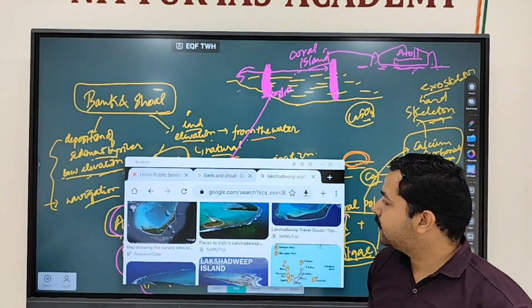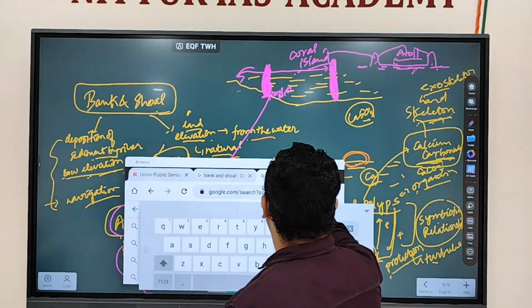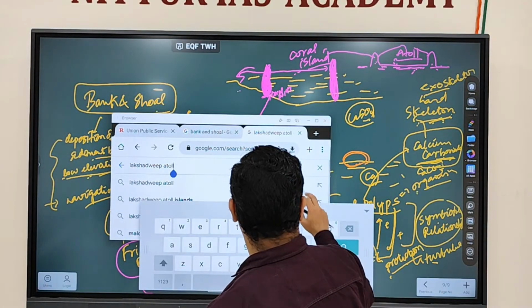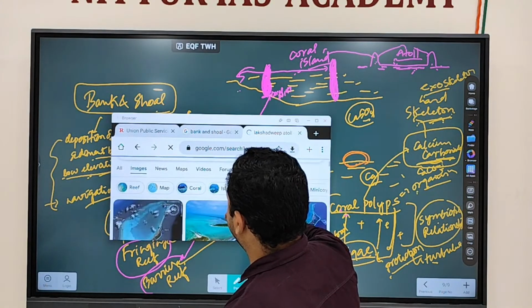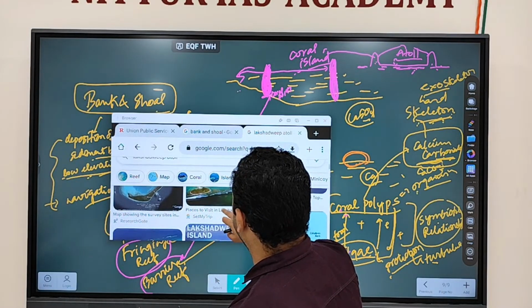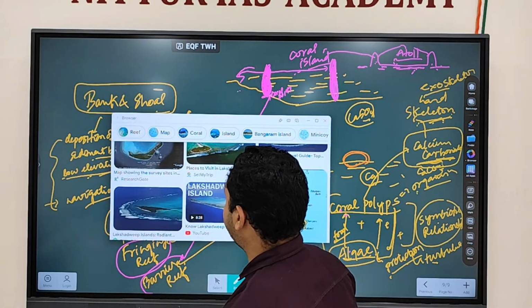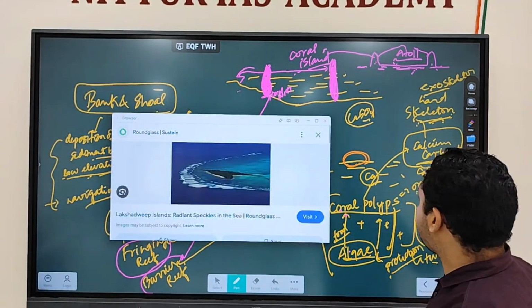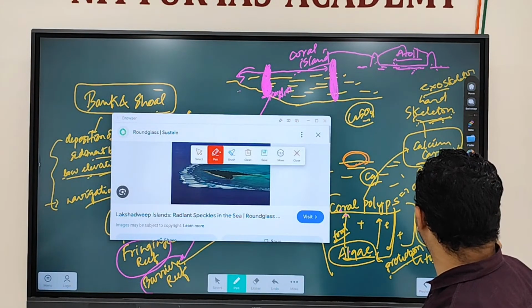So this is how you see the material coming out, and this creates what we call a coral island.